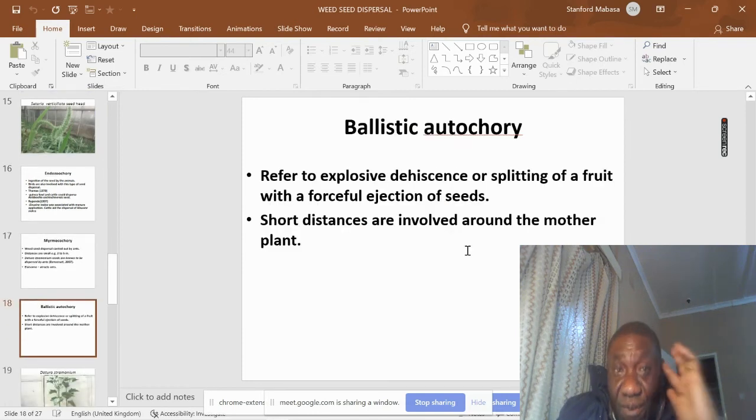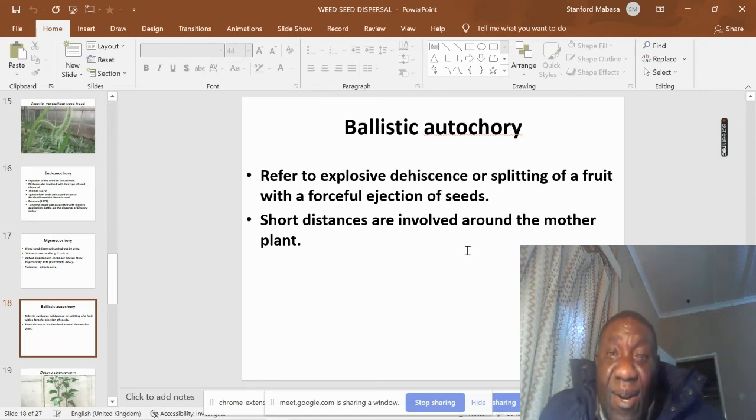Then we talk of ballistic dispersal, or ballochory. This refers to explosive dehiscence, or a splitting of a fruit with a forceful ejection of seeds. Here, short distances are involved around the mother plant.